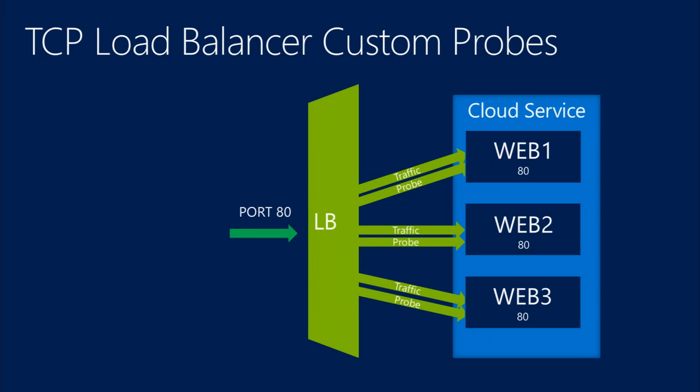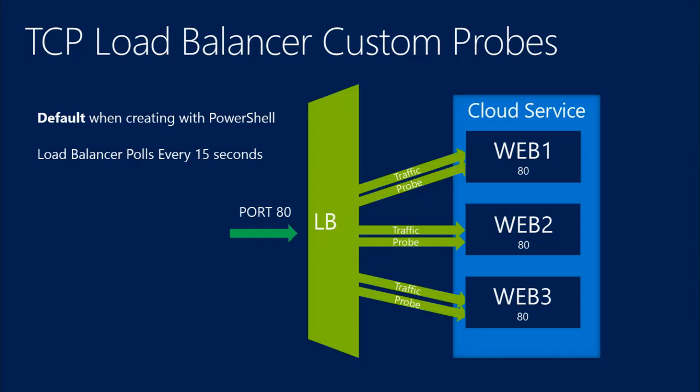Well, there are 2 types of probes. There's a TCP probe, and then there's an HTTP probe. The TCP probes are really useful. They're kind of the dumb probes. What they'll do is they poll every 15 seconds, and instead of actually looking for an HTTP request, they're not that smart. They just basically do a socket connect, and if they get an acknowledgement back, then that machine is good to the TCP load balancer probe.